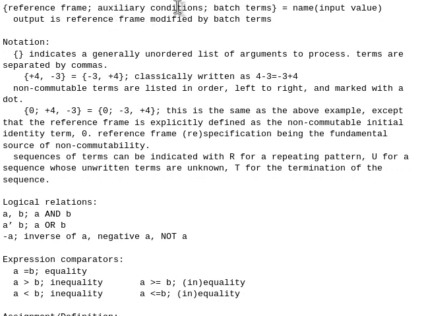Okay, so these auxiliary conditions can control how the batch terms are modifying the reference frame, but the output is just whatever this does to this. I probably don't have that 100% consistent in my definitions.